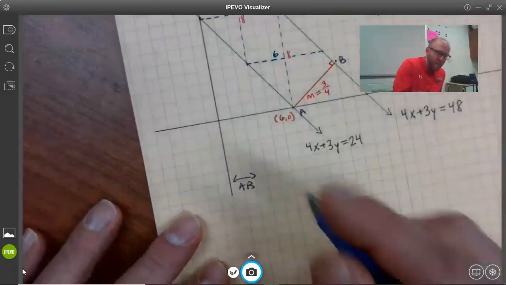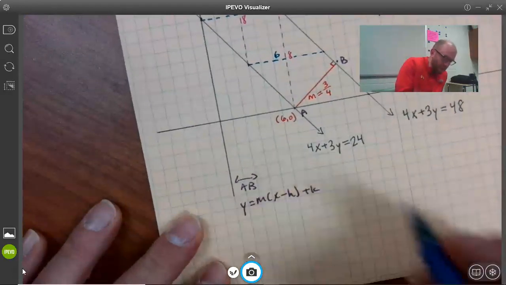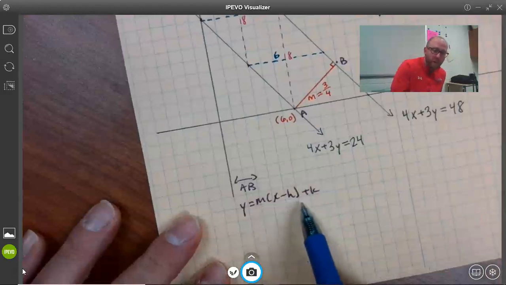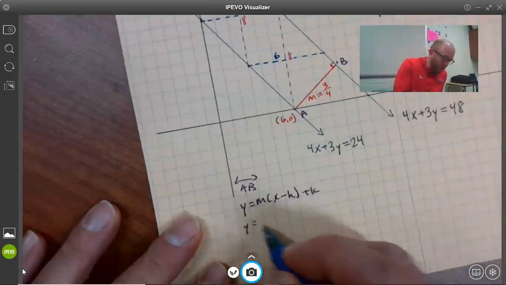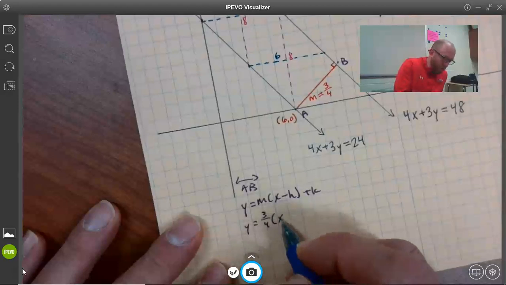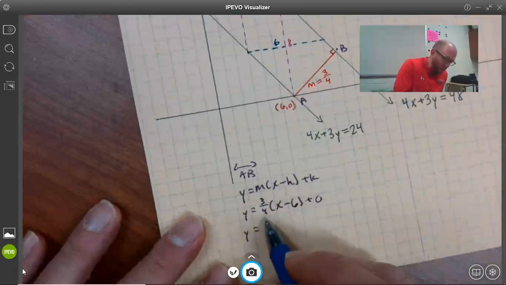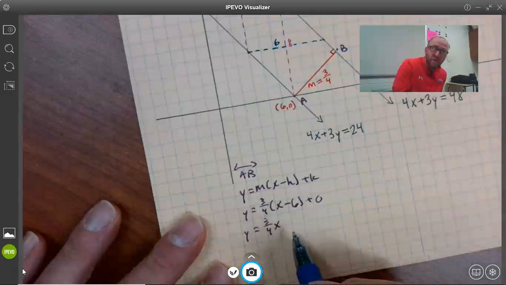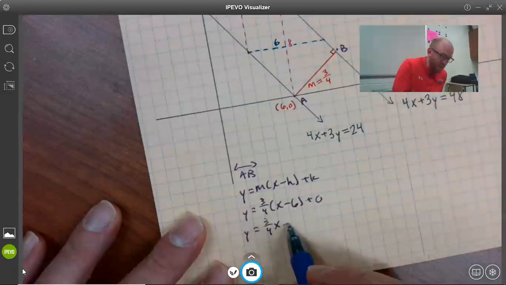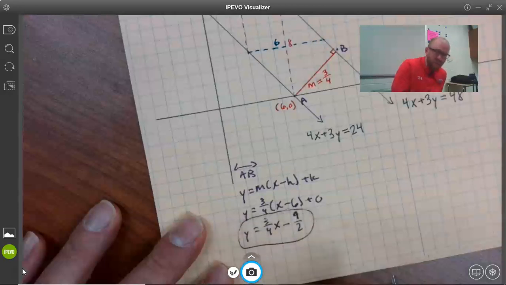Its equation will be y = m(x - h) + k, where m is the slope and (h, k) is a point that's on the line, which we have here. It's the point (6, 0). So we have y = 3/4(x - 6) + 0, or y = 3/4 x minus 18/4, which is 9/2. Okay, so there's the equation for that line.